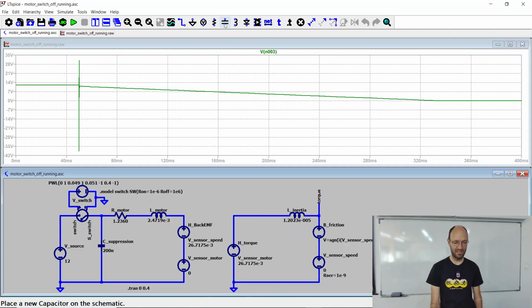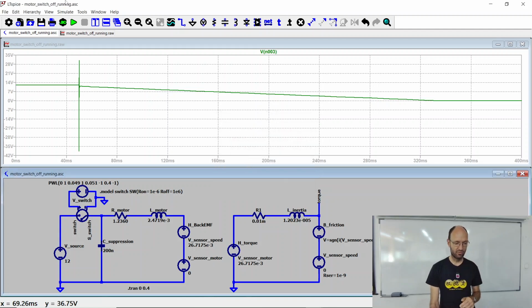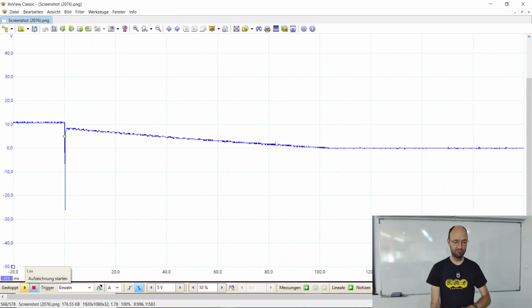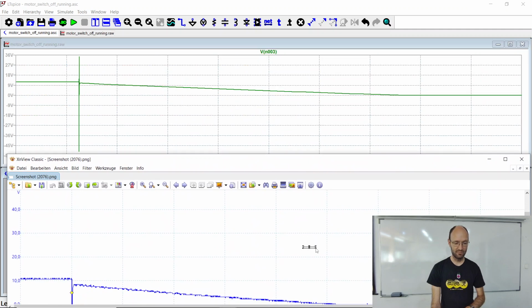If we would add the resistor here, once again for the viscous friction, and set it to 0.1 milli or 0.01 milli and run once again, yeah, it's getting less time. So in our model now we have maybe a bit too much inertia, maybe a bit too little friction to make it fit to the measurement from Saturday.